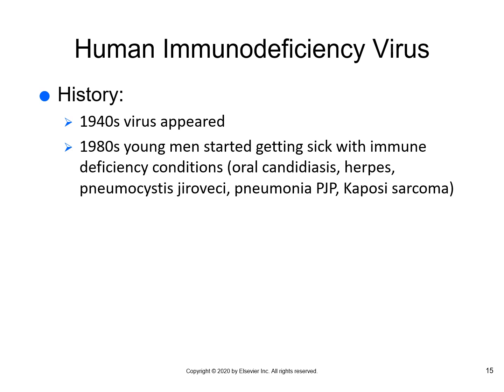Young men were starting to get sick with signs and symptoms like oral candidiasis, herpes, Pneumocystis jirovecii pneumonia, and Kaposi sarcoma. And these were not just all young men; it was actually young men who were having sex with other men.